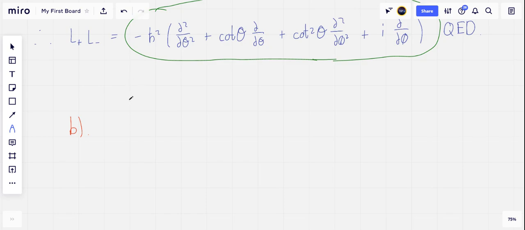Now we know from these two equations that Lz is equal to minus i h bar d/dφ. And from the second equation, we know that L squared is equal to L plus L minus plus Lz squared minus h bar Lz.